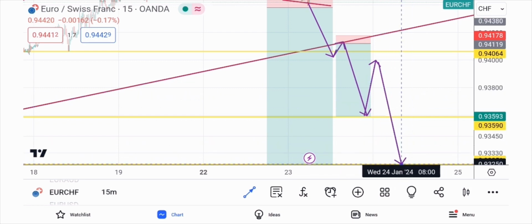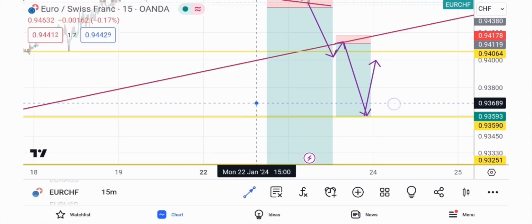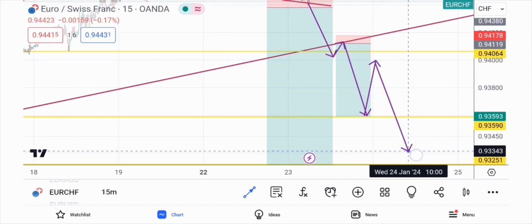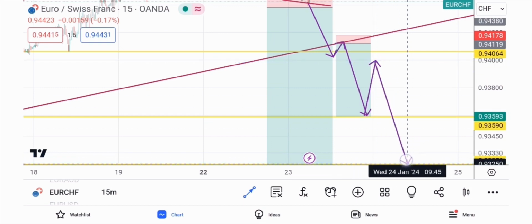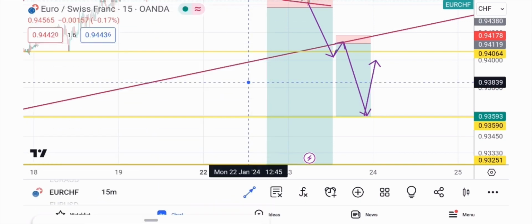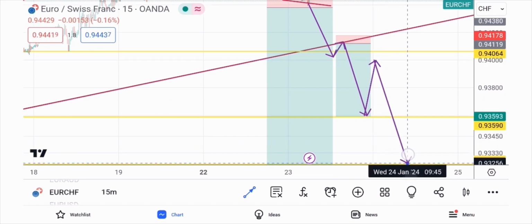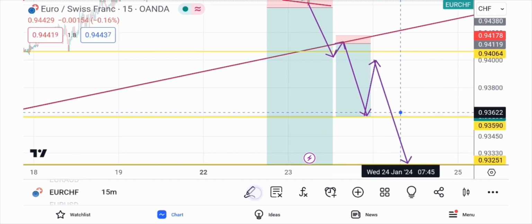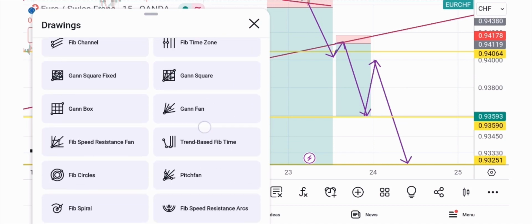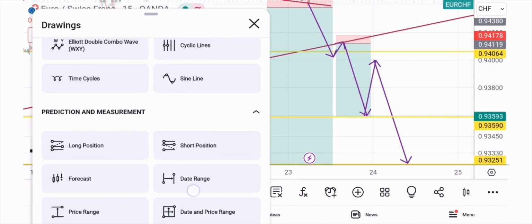When it goes back down after the retest, it's going to go back to the next zone, and when it goes back to the next zone, that's where your second entry will be.